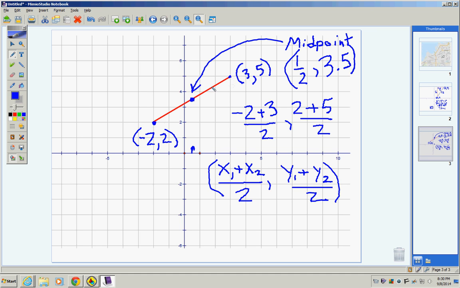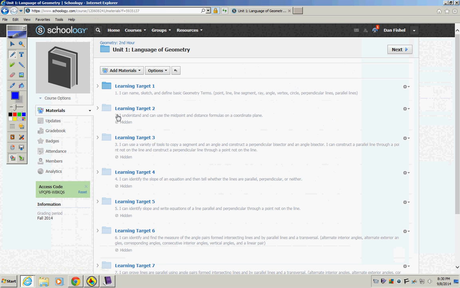I think it does. Now, if it doesn't look that way, then you might want to recheck your work, see if you made a mistake somewhere. So we've just gone over the distance formula using the Pythagorean theorem and the midpoint formula.